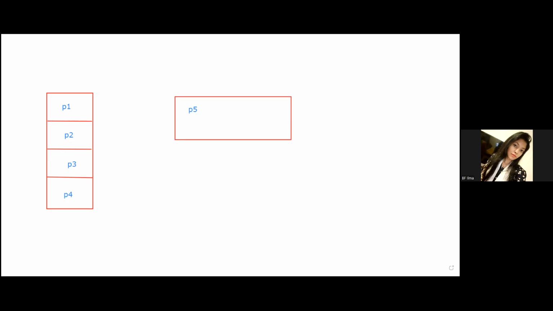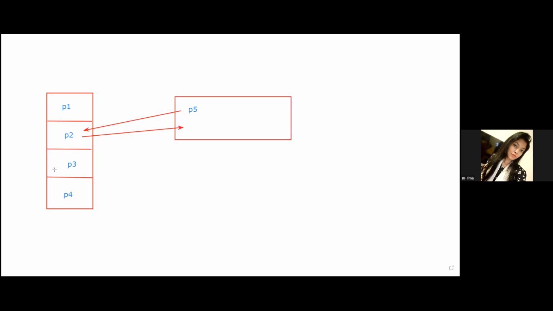In this case, our memory is already completely occupied, so when we need this page, we take something out. This is just an example, and then we can bring P5 in here. This gives the process the impression that it has more memory than is actually available. This is what virtual memory means.